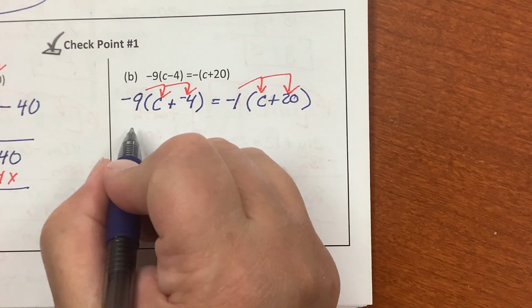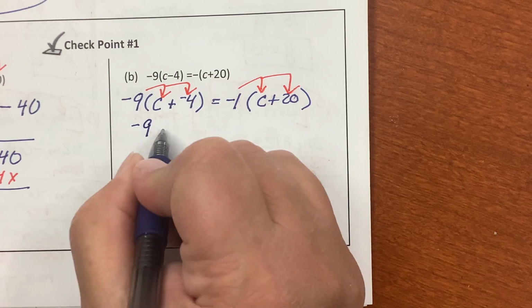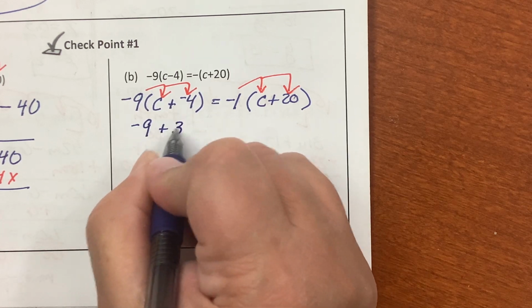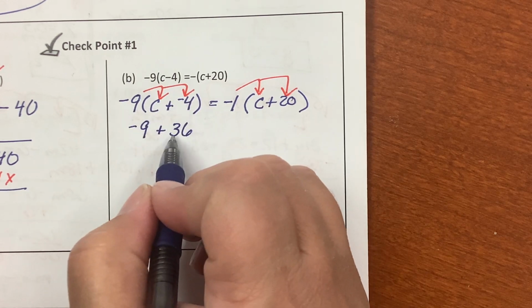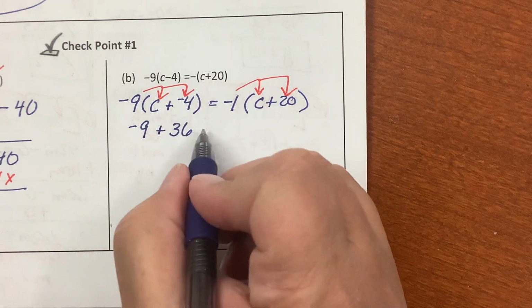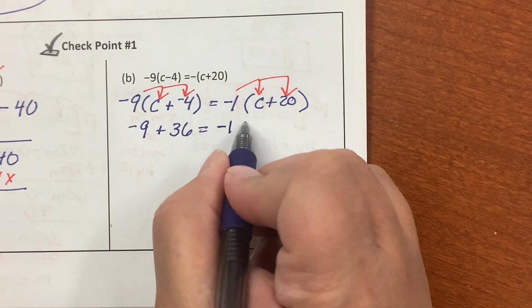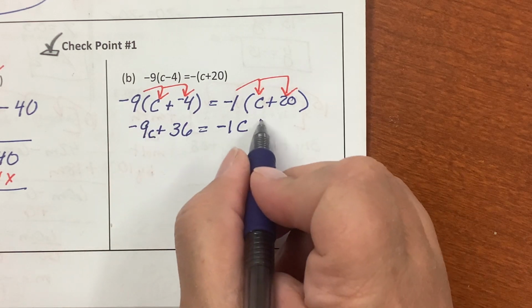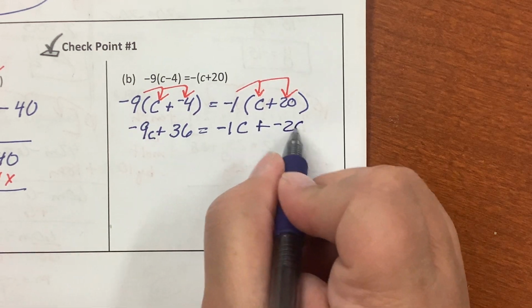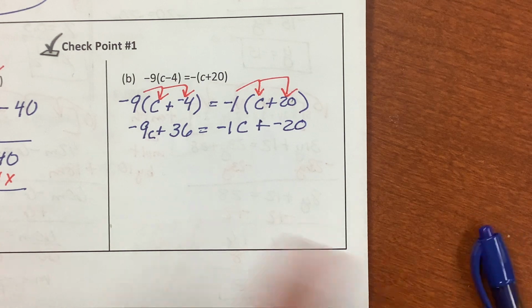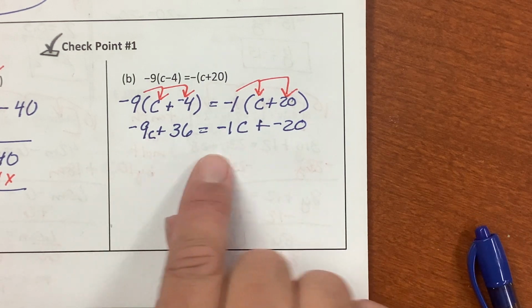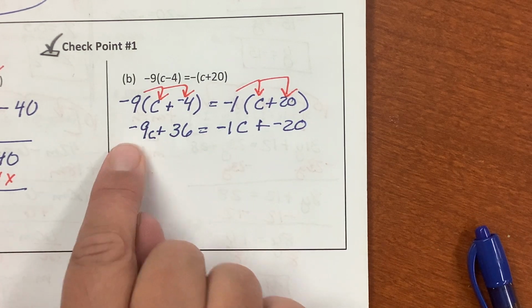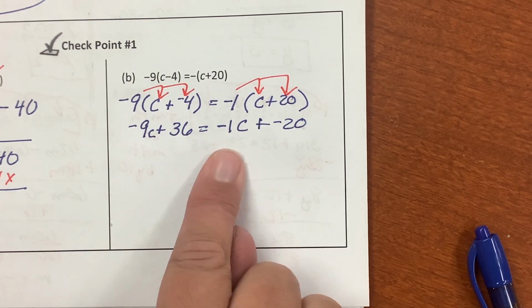So all in all, negative 9c plus 36, because 9 times 4 is 36, negative times negative is positive, equals negative 1c, I lost a c there, don't worry, plus negative 20. Okay, now I want all the c's together, and negative 9 is smaller than negative 1.